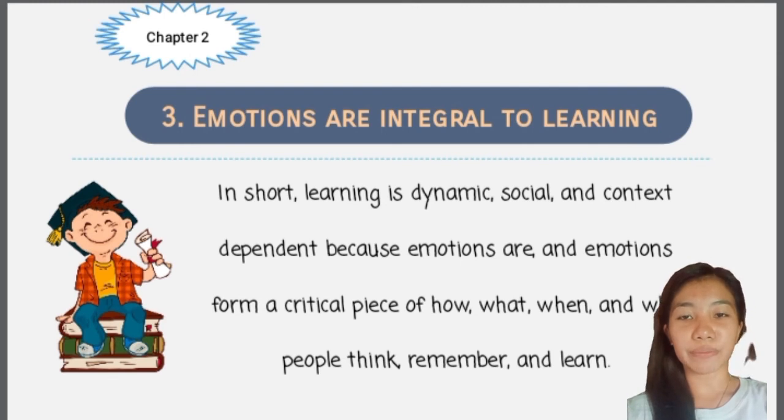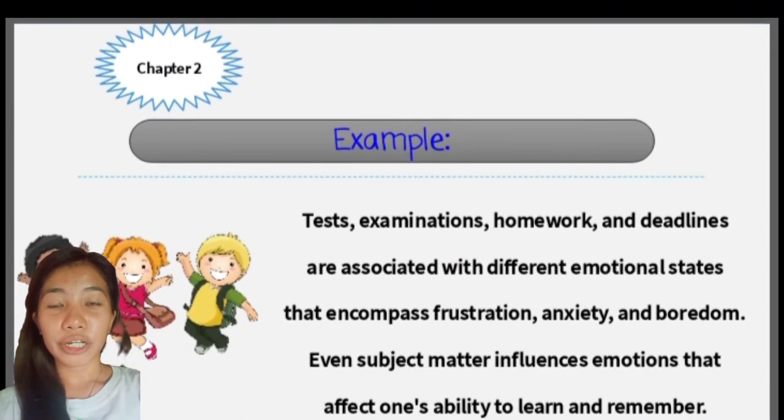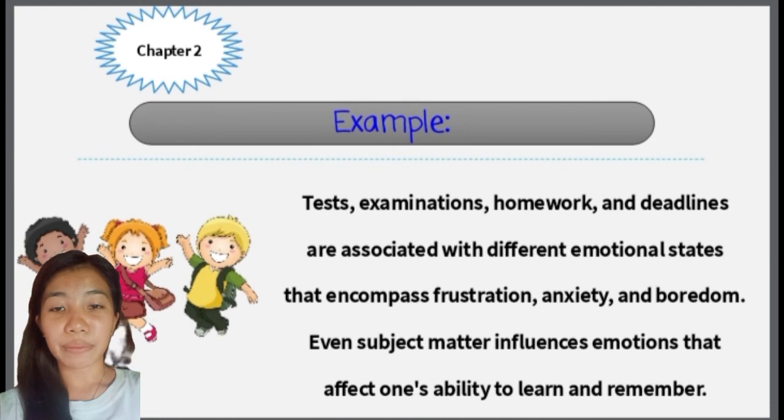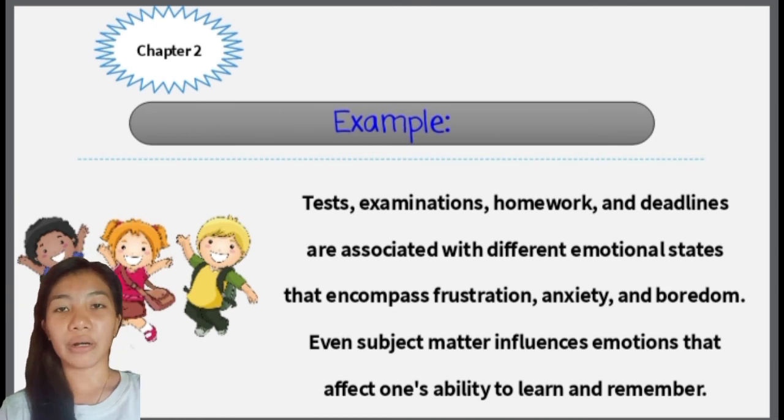So this is very important in principles of psychology in learning. For example, tests, examinations, homework, and deadlines are associated with different emotional states that encompass frustration, anxiety, and boredom. Even subject matter influences emotions that affect one's ability to learn and remember.